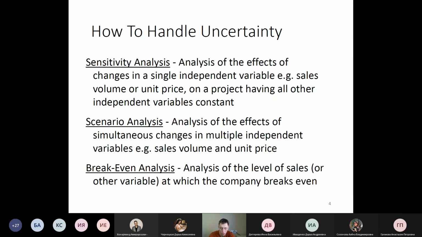Sensitivity analysis. It is an estimation of the change in the variable of interest that is a result of the change in some independent variable. So, for example, the change in net present value resulting from a 1% increase in the costs of raw materials, or the prices of our product. An important thing to keep in mind is that in sensitivity analysis, we always change only one variable.